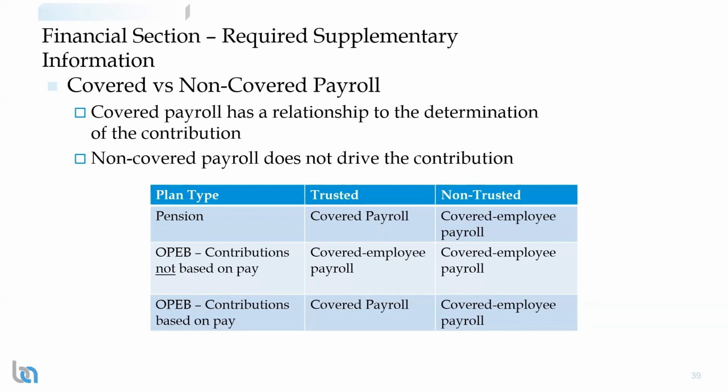With OPEB, for example, unless you have something in your policies, generally what you contribute to your OPEB trust is not tied to the earnings of employees. That's what non-covered payroll is, okay? So here is some information on when you should be using covered payroll or non-covered payroll. Also, this changes when you have a trusted versus non-trusted plan, okay?